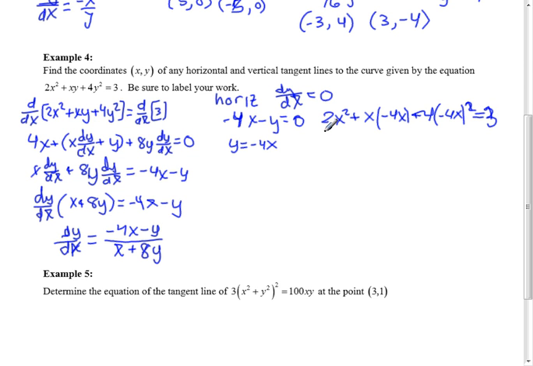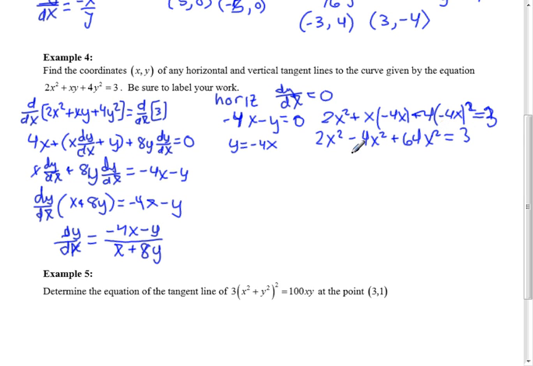Simplifying this, we get 2x squared minus 4x squared, and I can't tell my signs there, that should be a plus 64x squared equals 3.